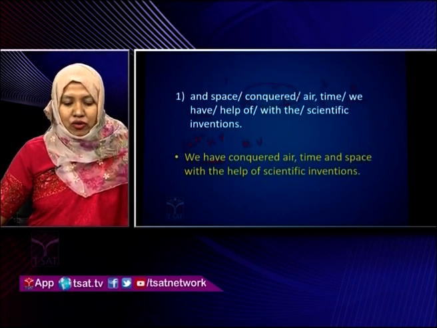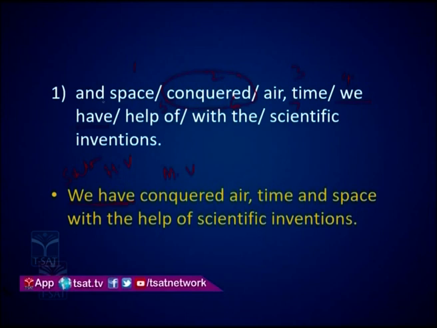Next comes what? What have we conquered? Man has conquered what? And space, and is used for conjunction, for joining or linking as a connector. So we cannot use this phrase first. Air time, these are the things. So next comes air time, and there is a conjunction here, and space. Air time and space.